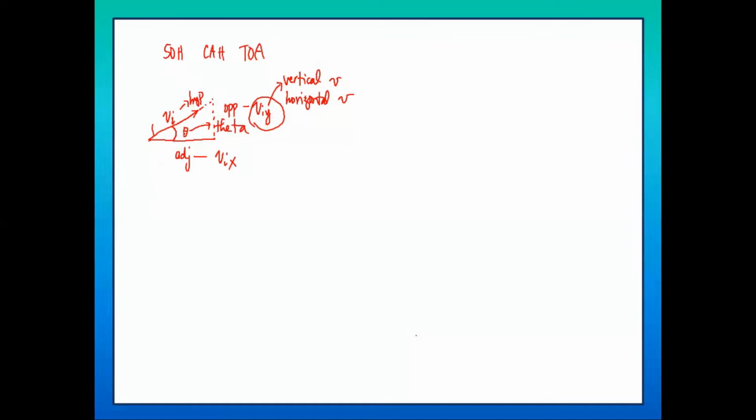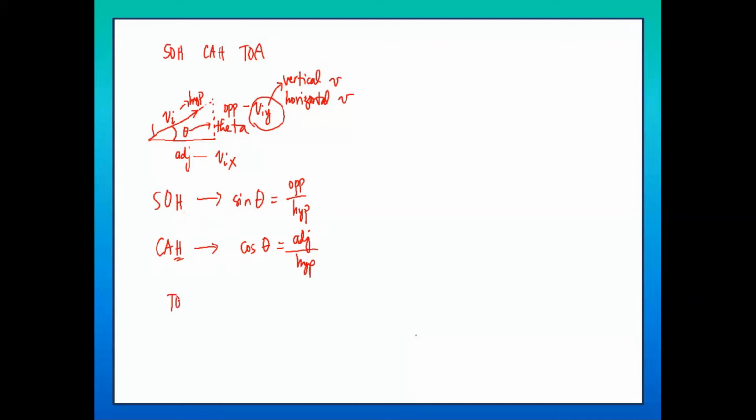Kapag sinabi kasi natin class na SOH, ibig sabihin nito sine theta is equal to opposite over hypotenuse. Okay, your CAH, that is your cosine theta, is equal to adjacent over hypotenuse.